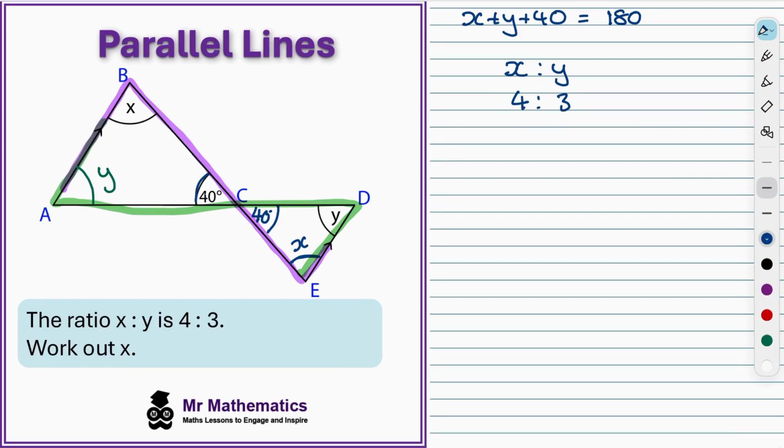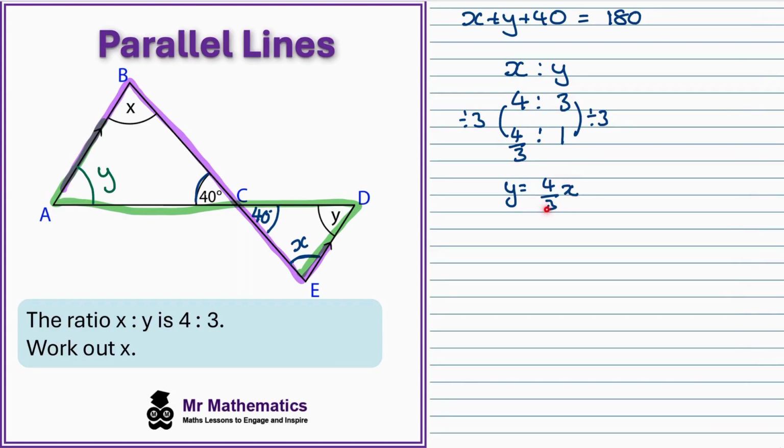And then we're given the ratio that X to Y is 4 to 3. But if you just want one value of Y, then we can simplify our ratio. We'll divide both sides by 3. So 1Y will be 4/3 X. So Y will be 4/3 of X. And now we can substitute this value for Y back into the equation when it added up to make a triangle.